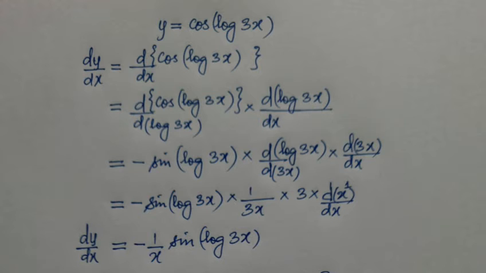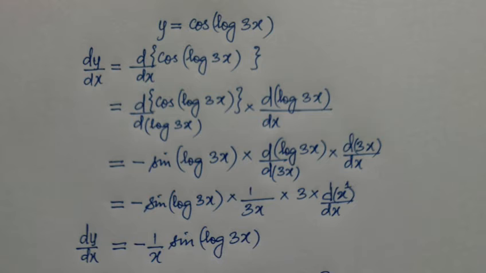So here, again, we apply the chain rule. When we apply the chain rule, it will look like this: derivative of log of 3 times x with respect to 3 times x, into the derivative of 3 times x with respect to x.